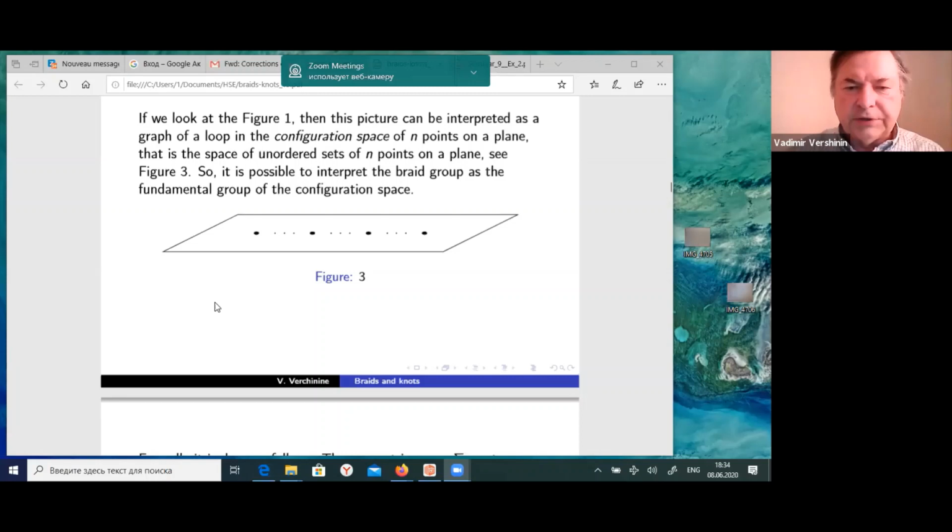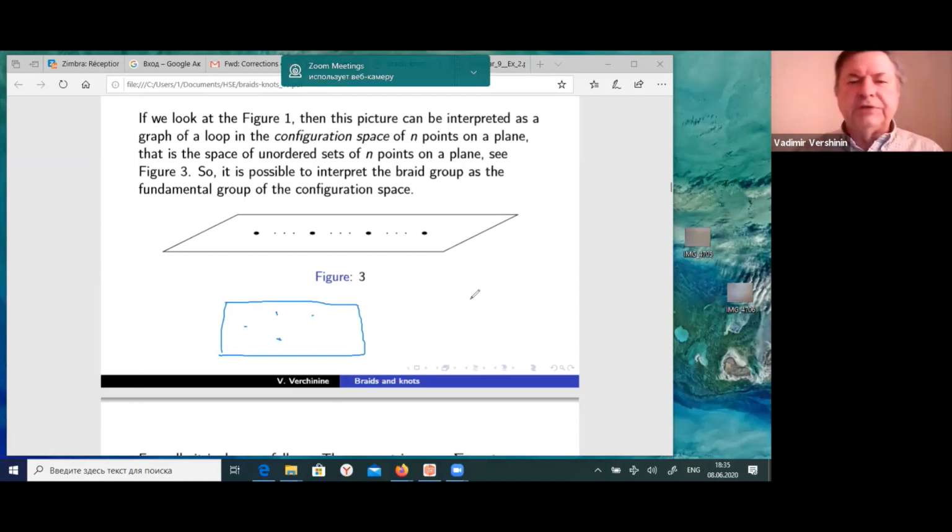So the configuration space after action is the following: you consider the plane, and here are the points.